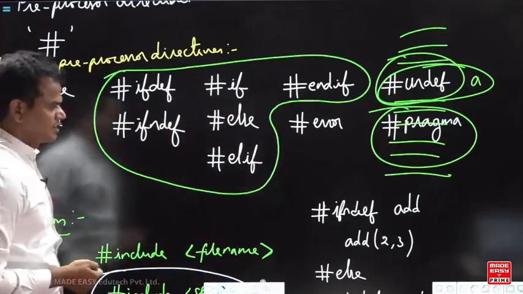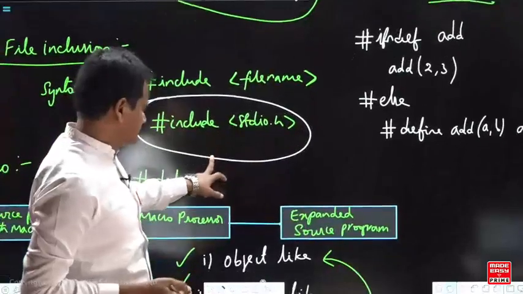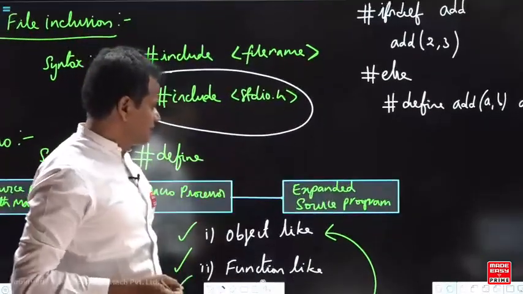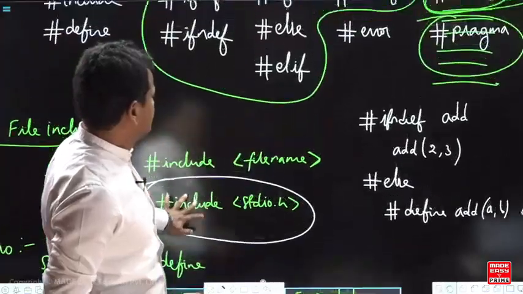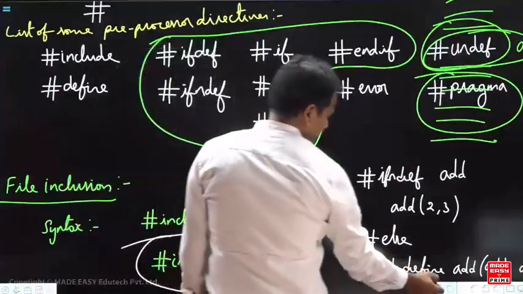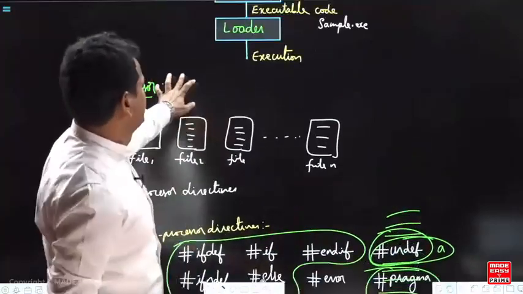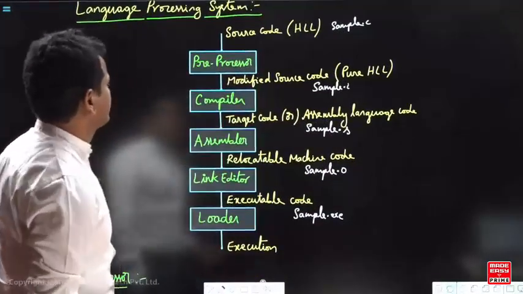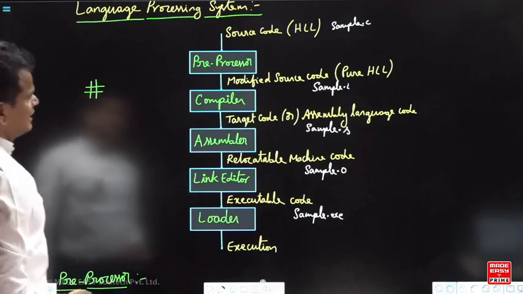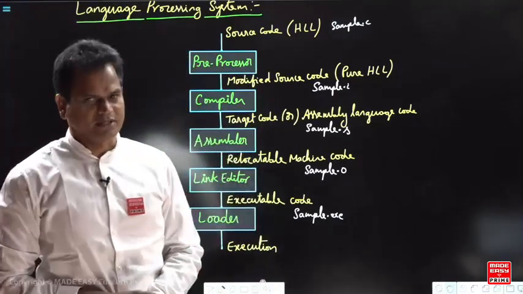Okay. Now, so that's done. Pre-processing is done, and the pre-processor will take the source code and produce modified source code, or pure high level language. Pre-processing is optional.